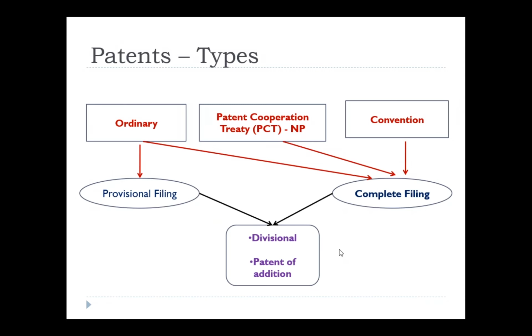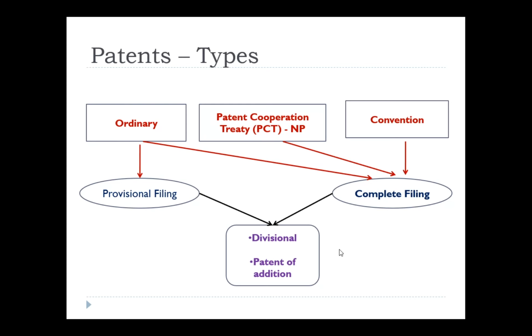You can see the provisional patent filing and complete patent filing, right? This provisional patent filing is applicable only for ordinary applications. In other words, I can state it as only for national phase Indian applications alone.